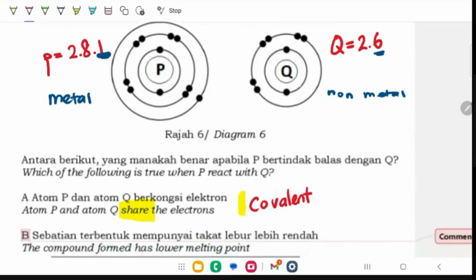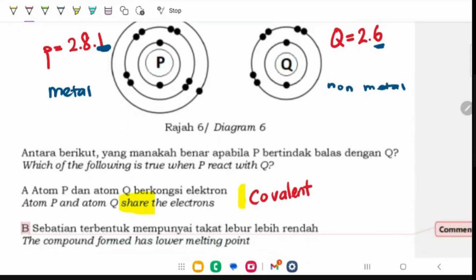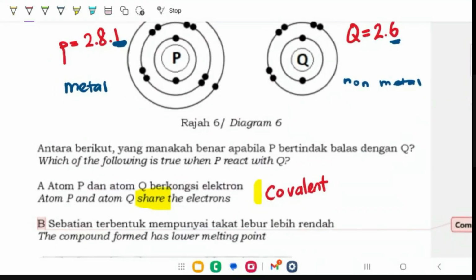Then we look into B: the compound formed has a lower melting point. Correct or not, class? No. So B also is not the answer.